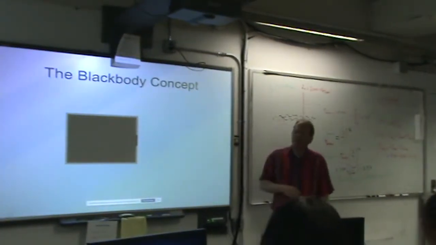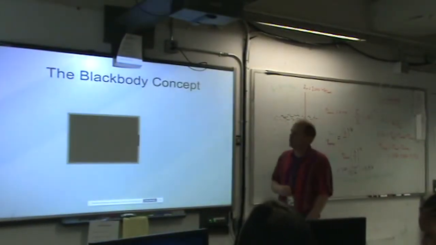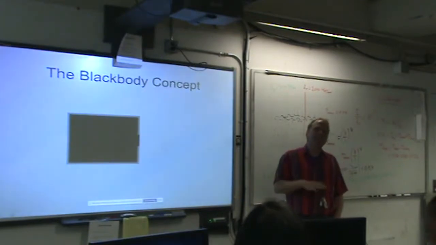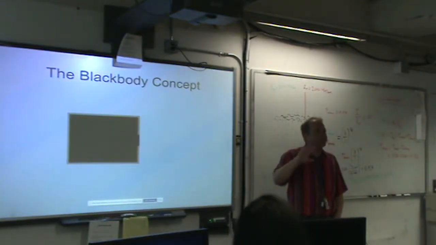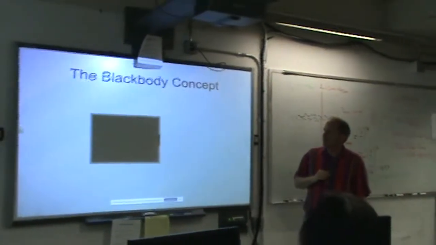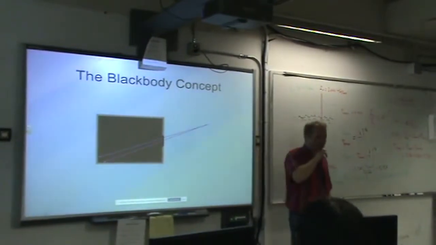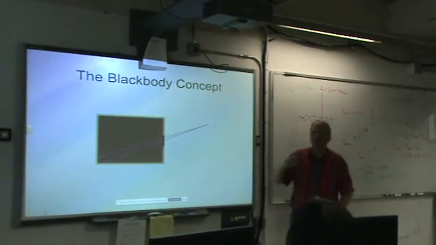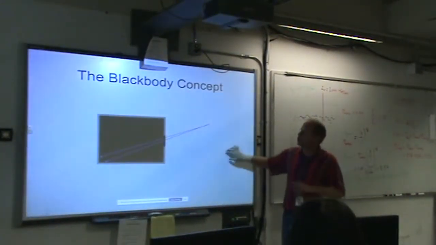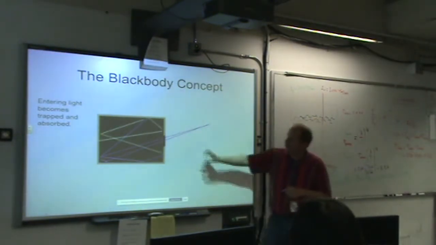So, we talk a lot about what's called black bodies. And here's the concept of a black body. This was physicists around 1870, 1880, trying to figure out what happens if we have light that goes into a cavity. That's going to bounce around a lot, and it's going to affect the temperature, and after bouncing around, it's definitely going to be absorbed, because you only have a little hole here.